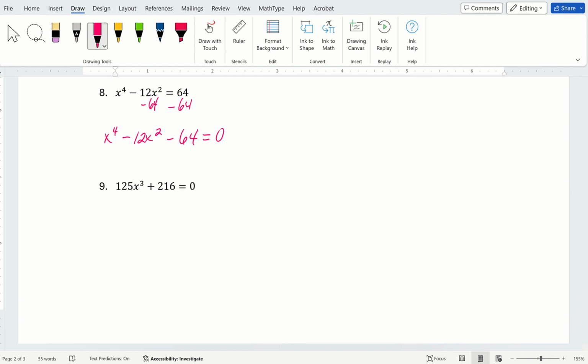So what I'm going to do is I'm going to say, let U equal x squared. And the reason I'm going to do this is because x to the fourth is equal to x squared squared. So that means x to the fourth in this case is going to be equal to u squared.